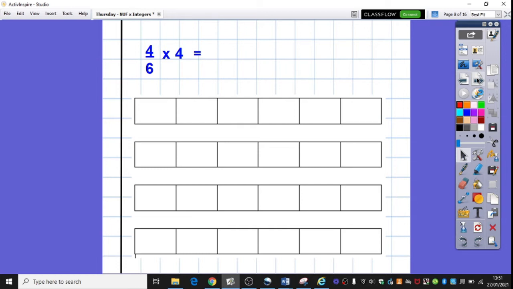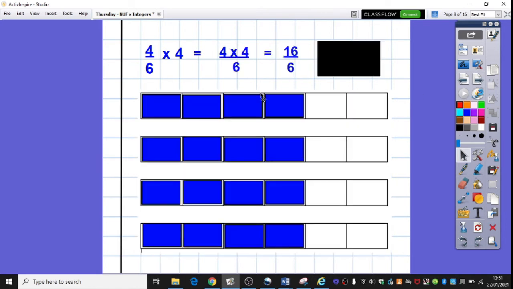So let's have a look then. 4/6 multiplied by 4. Now you might want to pause the video and have a go. If you think you've got an idea, you'll notice I've created bars of 6 and I've got 4 of them. So I want 4/6 4 times. So here we have 4/6, but I need it 4 times.